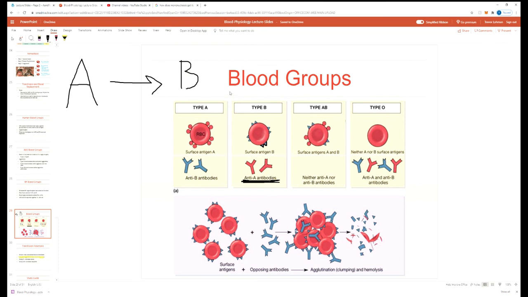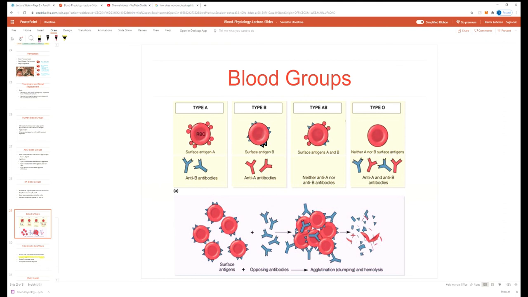So if you give A to B, what happens? The recipient's antibodies, right here, anti-A, would attack the donor's antigen. This drawing is getting silly. Forget the drawing for a second. If I give A to B, the anti-A antibodies in the type B blood will bind to the surface antigens on the type A blood and cause agglutination, which this image is kind of demonstrating here.